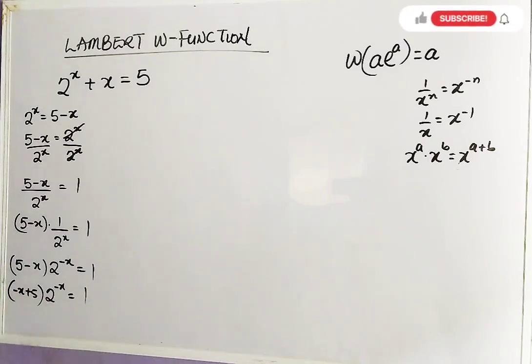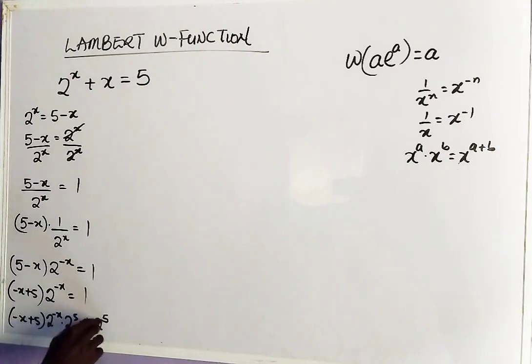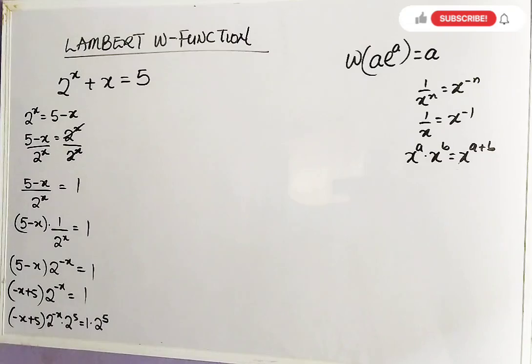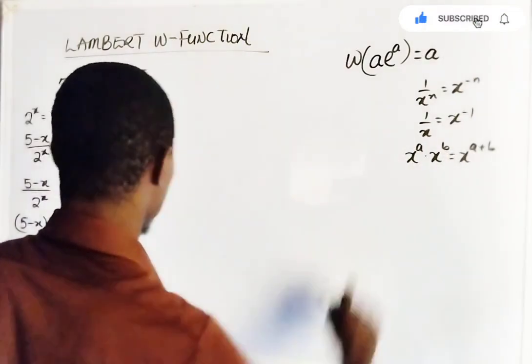By so doing, we can say minus x plus 5, then 2 raised to the power of minus x times 2 raised to the power of 5 equals 1 times 2 raised to the power of 5. Which implies that this expression here is the same thing as this rule. So let us apply this rule here.